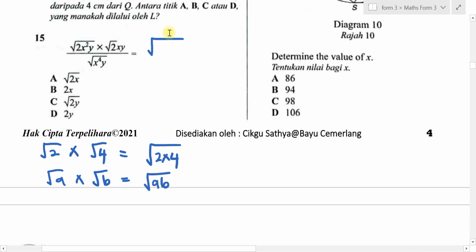So I'm going to take out all the square roots here. 2x square y multiply by 2, another square root here, and then multiply by xy divided by these 2 I include inside the square root. And then we have x4 and y square root.